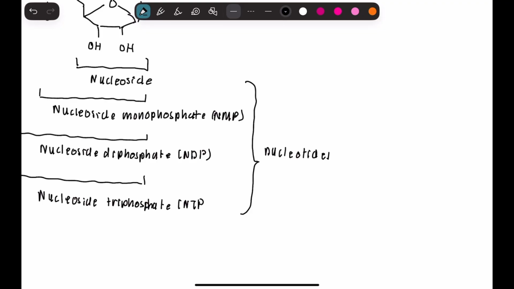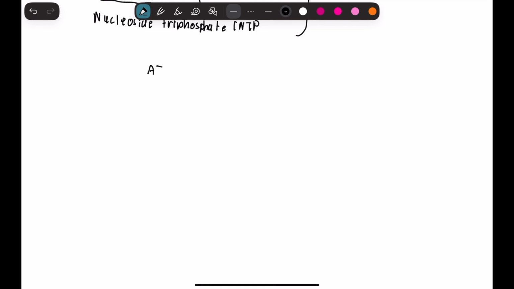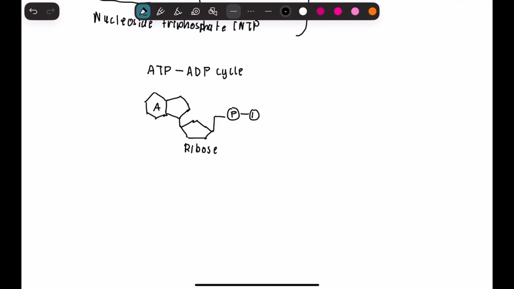Okay, you should also be familiar with the ATP-ADP cycle. So you have this A, and this is going to be your ribose. Up here you have your triphosphate.